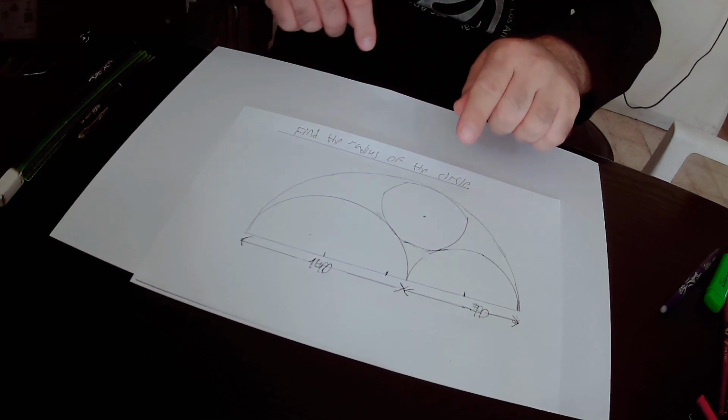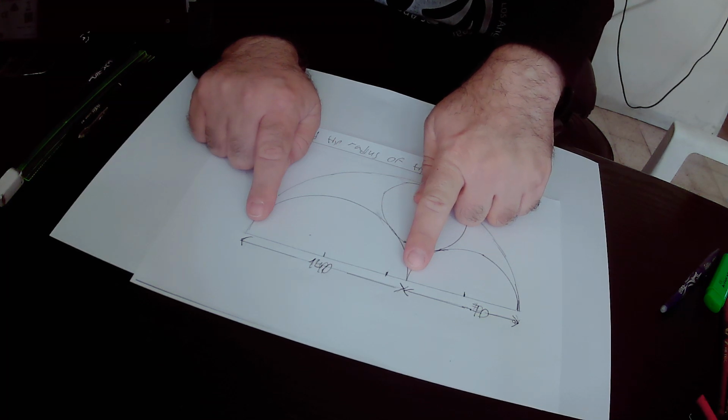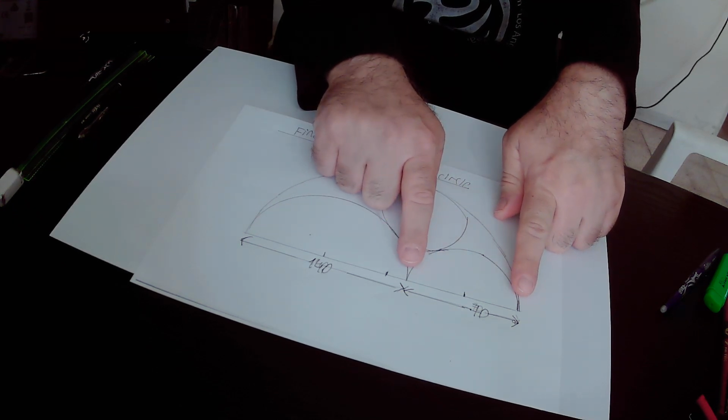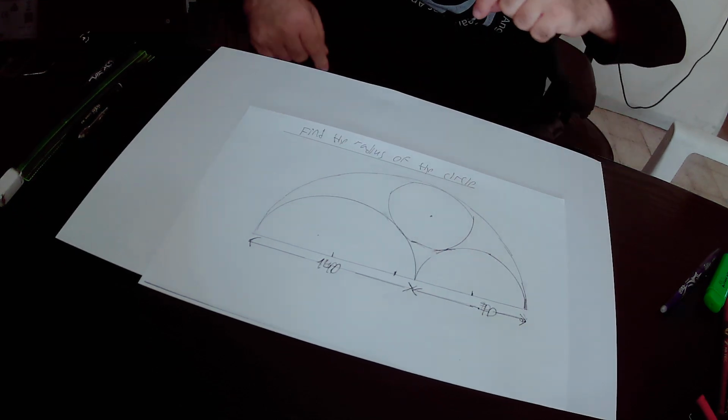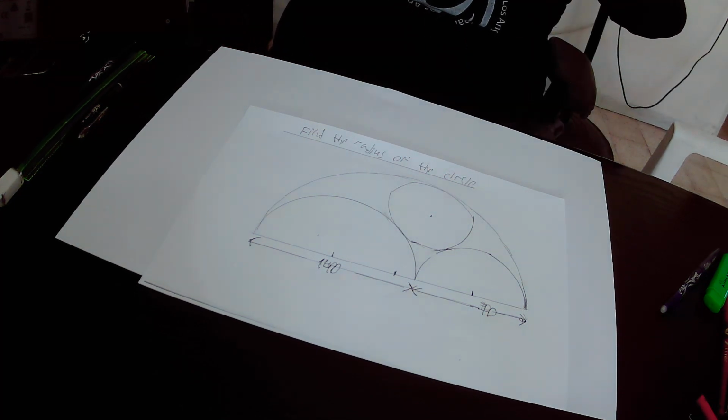We know that this line segment equals 140 units in its length, and this line segment equals 70 units in its length. Our mission is to find out the radius of this circle.